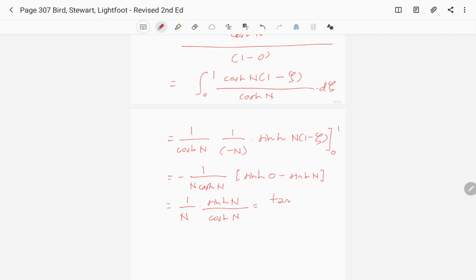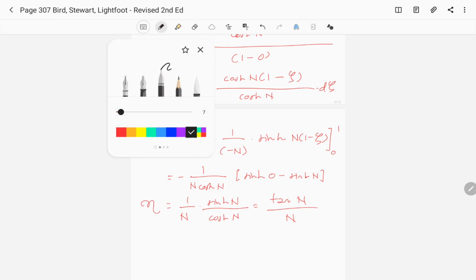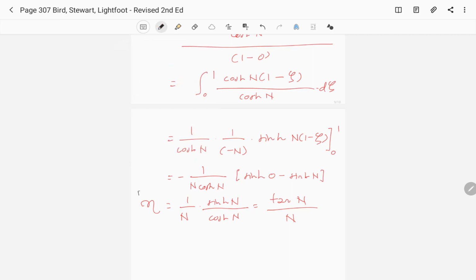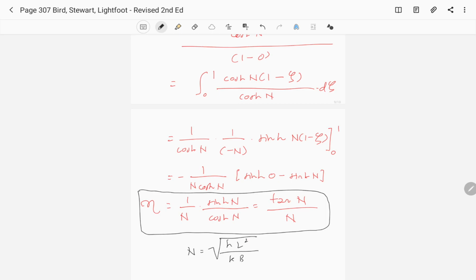So the effectiveness or the efficiency of the fin surface will be expressed by this final formula in here, where the n itself is the square root of hL squared divided by kB.